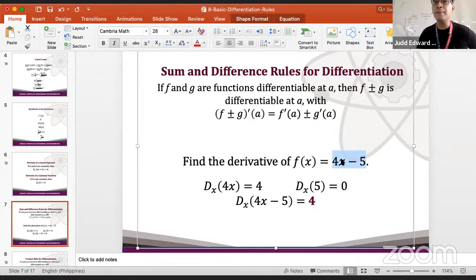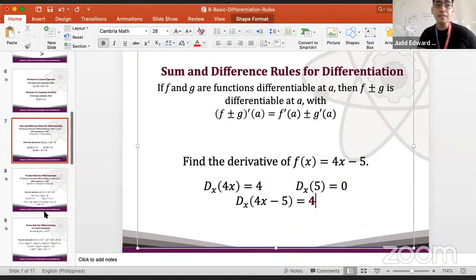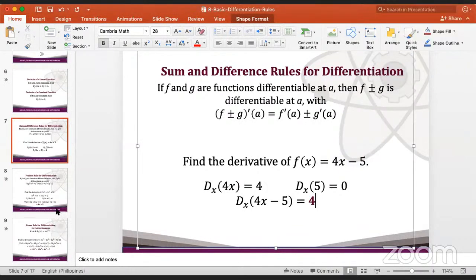Kaya hindi na natin siya dapat iisa-isahin na what is the derivative of 4x? What is the derivative of negative 5? Hindi na po ganon. Since alam naman natin yung derivative ng linear function, which is just the slope, therefore, we could finally say that the derivative of 4x minus 5 is just 4. Are we clear? Clear po ba dito? Yes po.